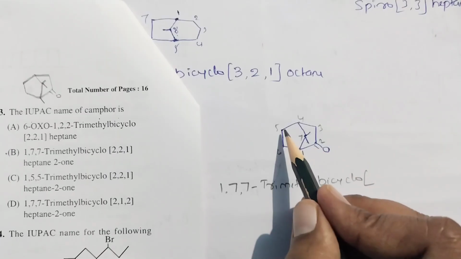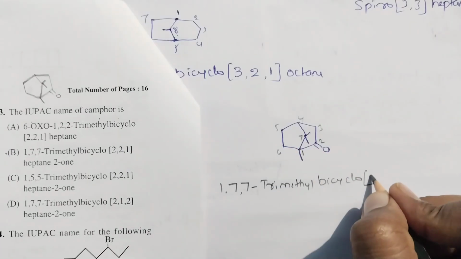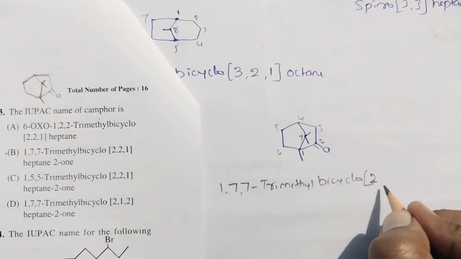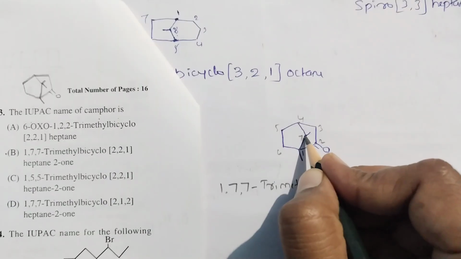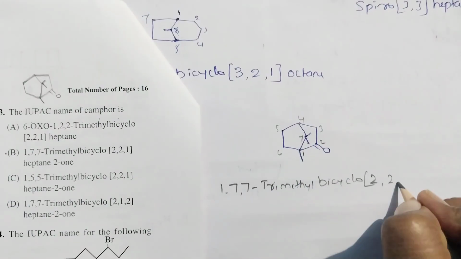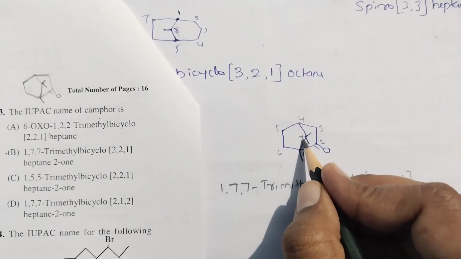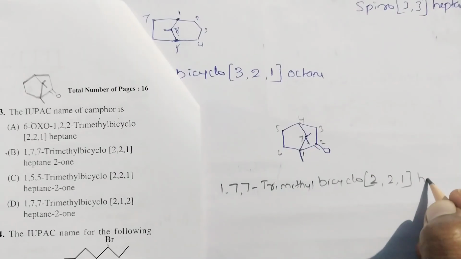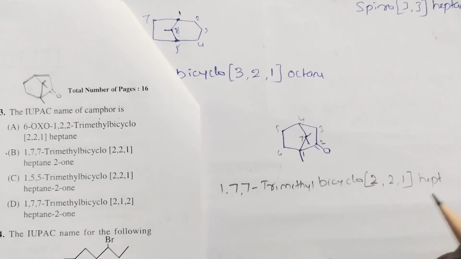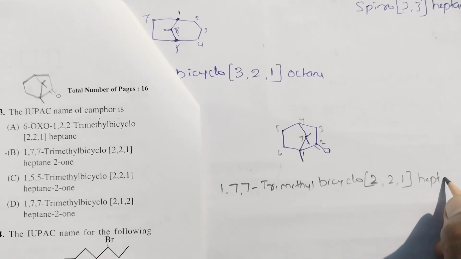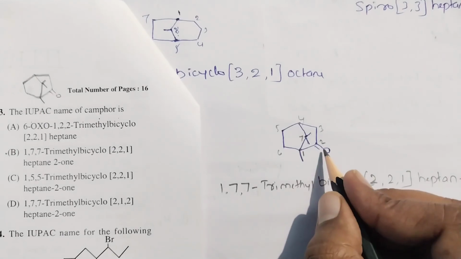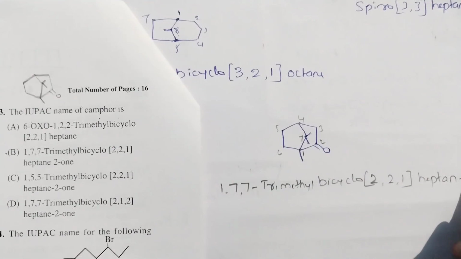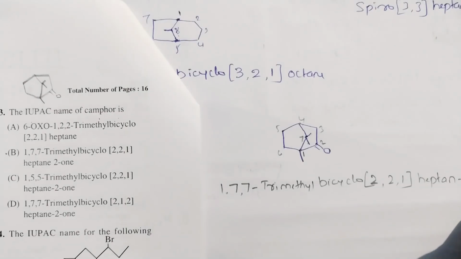1 2 carbon atoms, 1 2 carbon atoms, hence it is 2, 2. 1 carbon is in between this bridged carbon, hence it is 1. Total number of carbon atoms is 7. What comes for the alkane? Heptane. The ketone group is at the second position, so heptane 2-one.